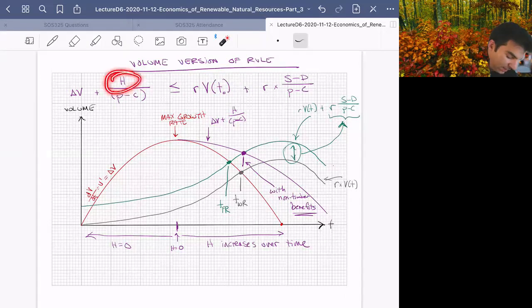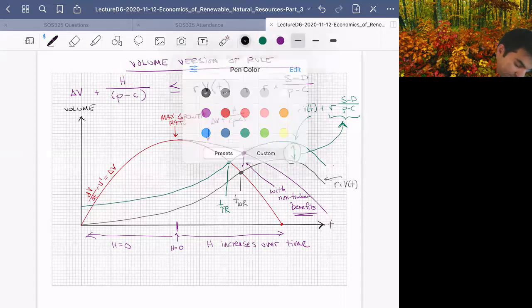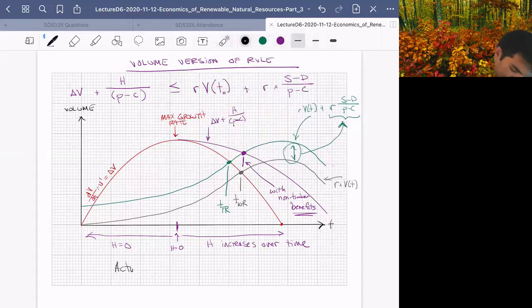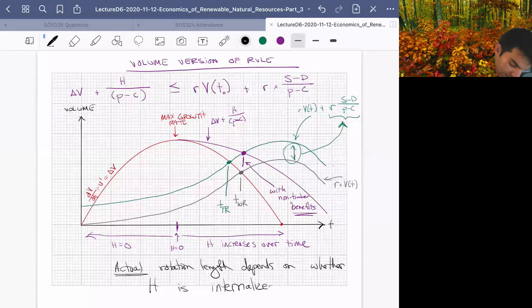And so you end up getting, if you do not internalize this H, so remember that the actual rotation length depends on whether H is internalized by the timber farmer.